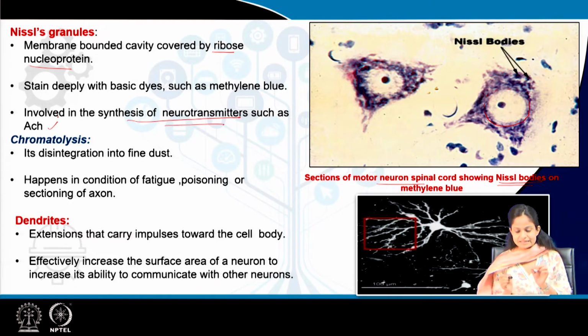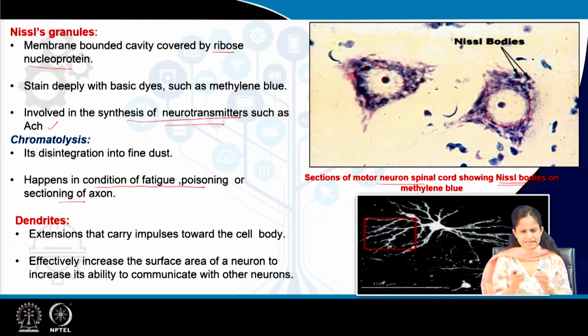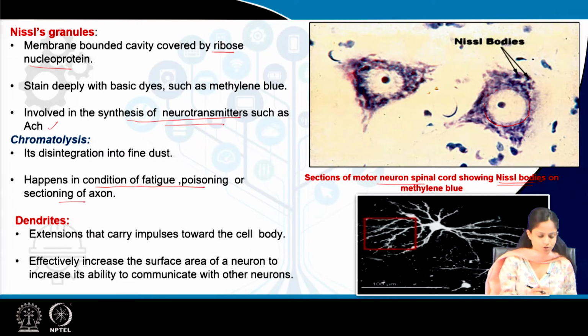Now, these Nissl bodies get disintegrated into fine dust whenever there is an injury to the axon. Whenever there is fatigue, sectioning of the nerve or poisoning, or any portion of the nerve gets injured, what will happen? These Nissl bodies get disintegrated into fine dust. This process is known as chromatolysis.